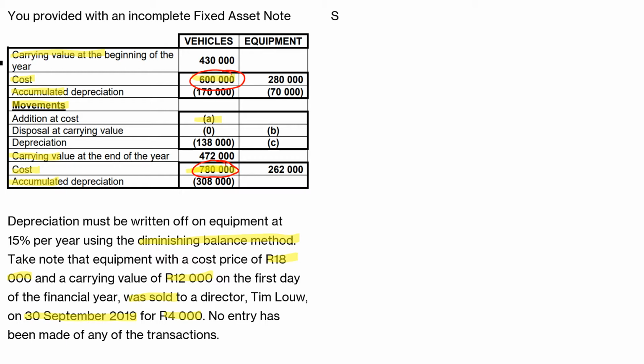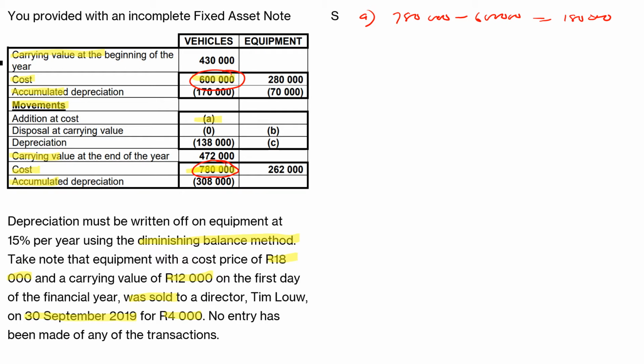Basically you're going to say A is equal to 780,000, the cost at the end, minus the cost at the beginning, which is equal to 180,000. I'll show you the other way of proving it.